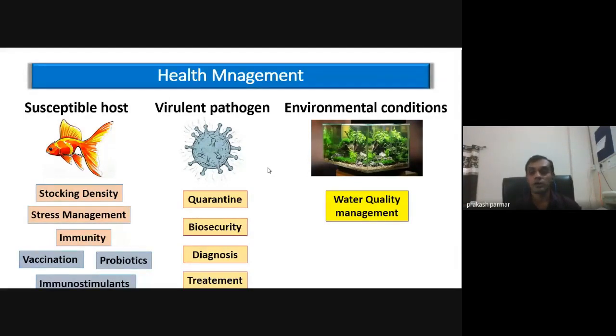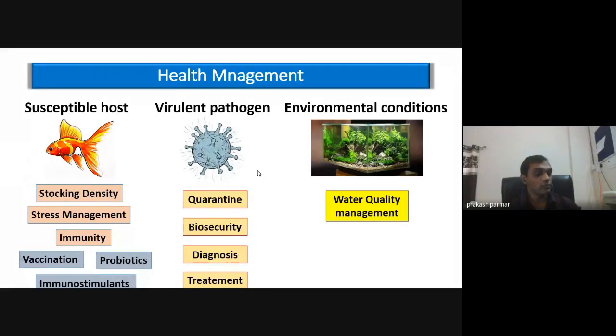For managing the pathogens, we can go for proper quarantine for avoidance of the pathogens. We can go for biosecurity measures, and proper diagnosis is also important. After the proper diagnosis, we can treat the pathogens and remove the pathogen from the system. This way, we can go for the prevention of the pathogens and do the health management.